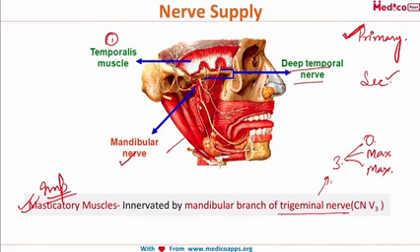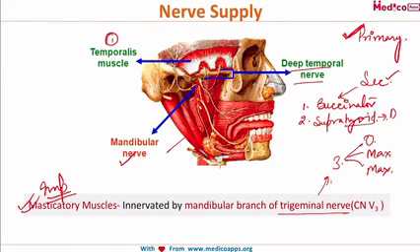The secondary or accessory muscles are the buccinator, and the suprahyoid muscles, that is, muscles above the hyoid bone. These are the digastric, mylohyoid and geniohyoid muscles. So these 3 muscles along with the buccinator are the secondary or accessory muscles.